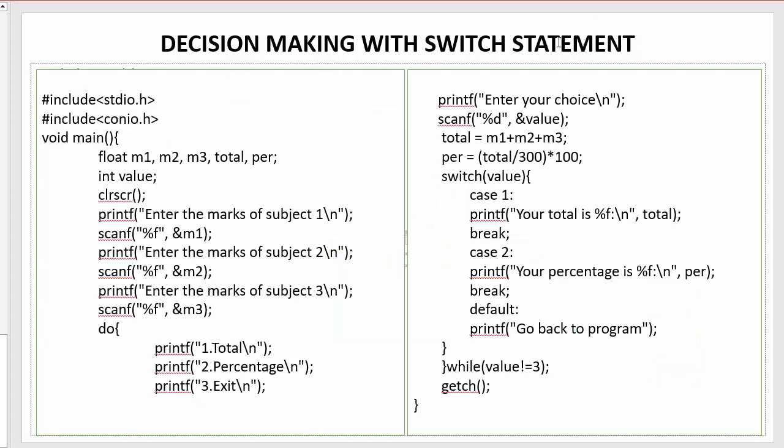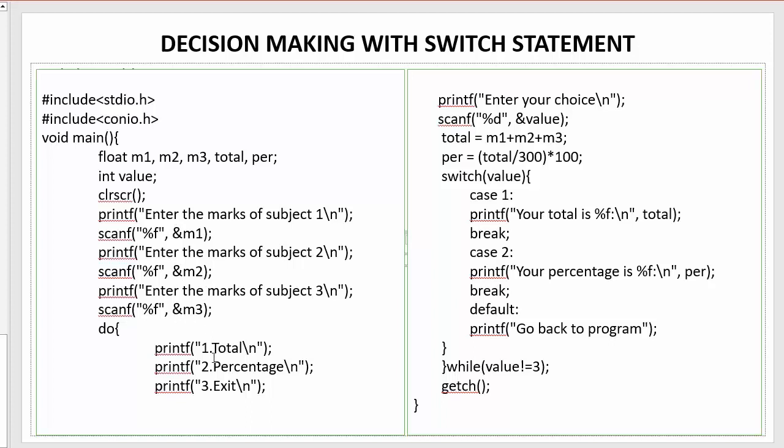So here I have written a simple C program which will take the marks of 3 subjects, then compute the total, then the percentage, and here I have included the switch statement to switch between the total and percentage. First this program accepts the marks of 3 subjects.